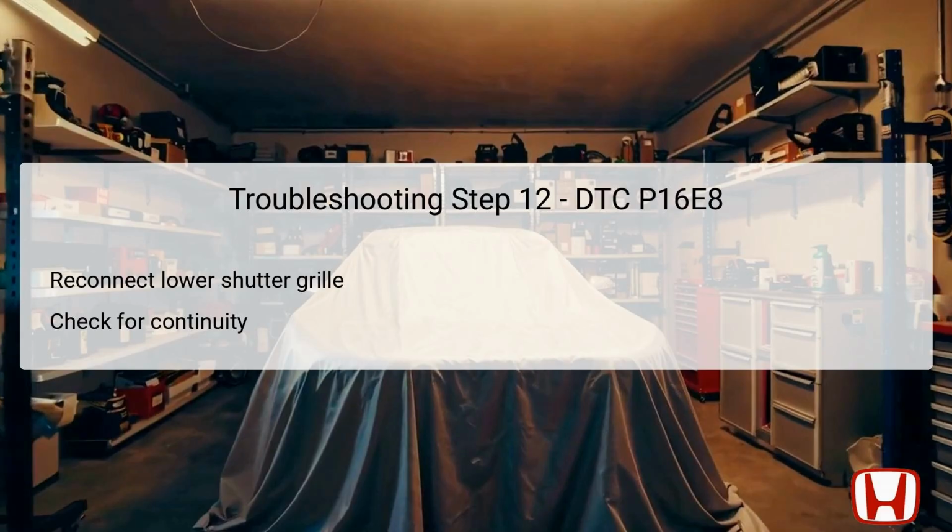A continuity check during this step serves as a deterministic assessment for the need to replace either the shutter grille's upper or lower unit based on the outcomes. If issues continue to manifest, further examination into wiring issues in the LIN communication system becomes necessary.